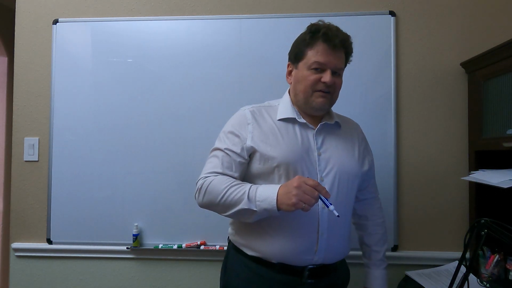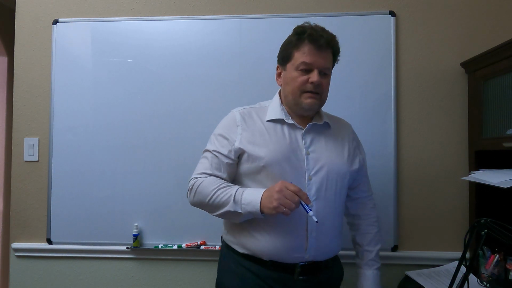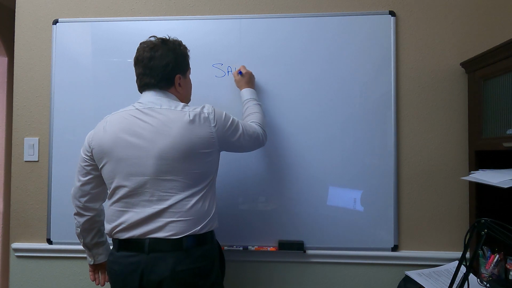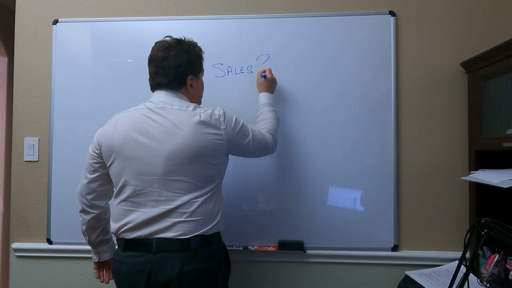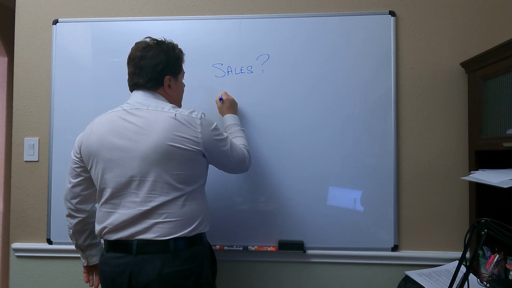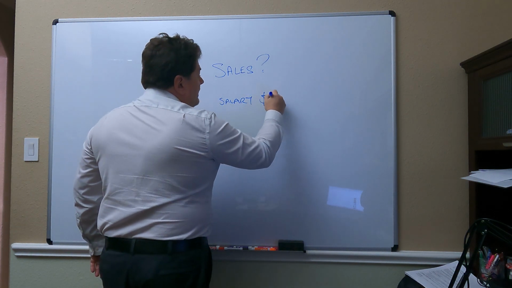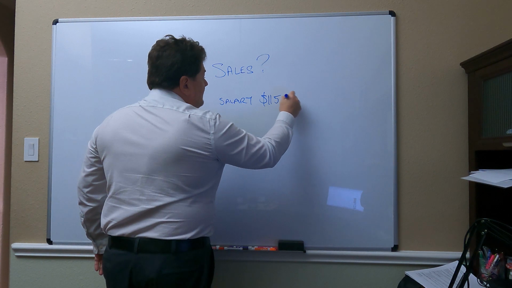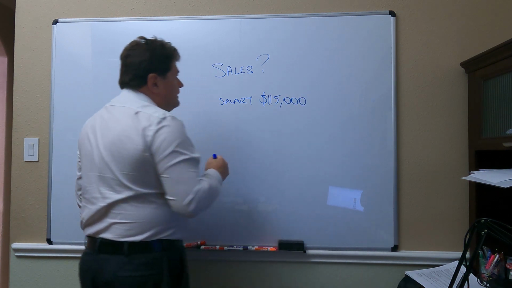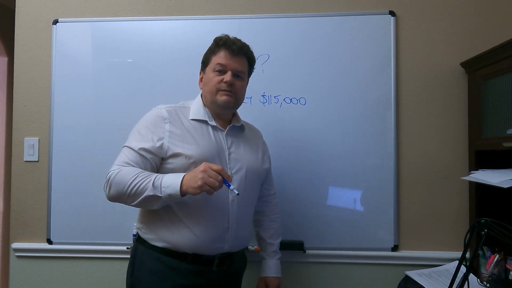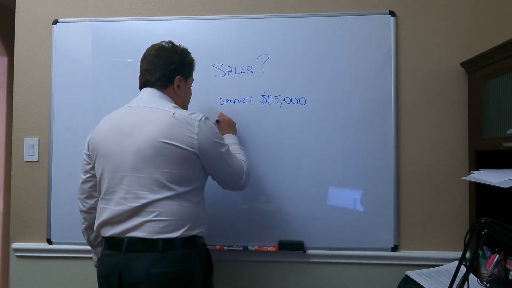The way you have to figure that out is, what more sales do I need to support a salary of $115,000? What we need to know is our gross profit percentage.